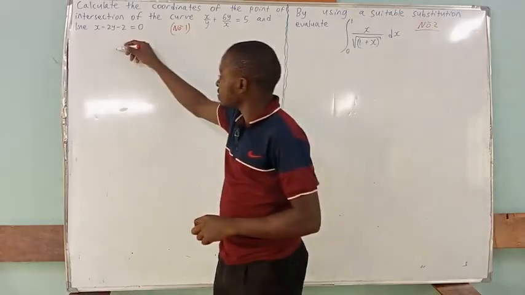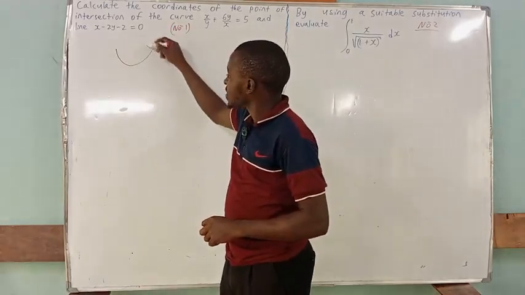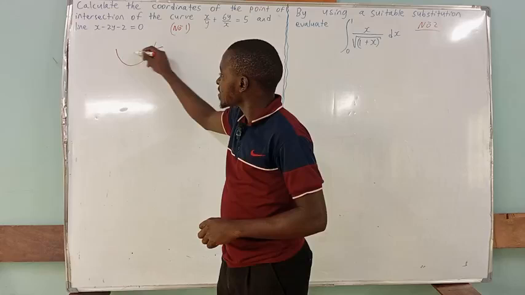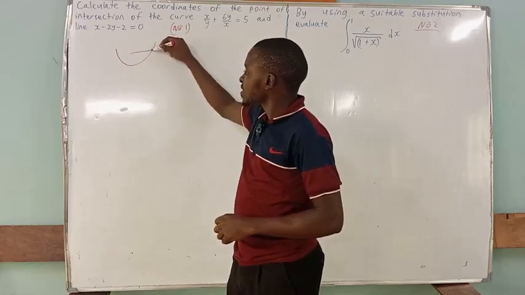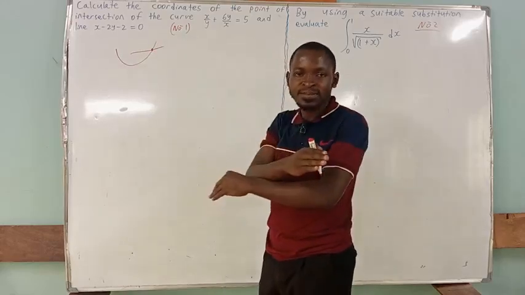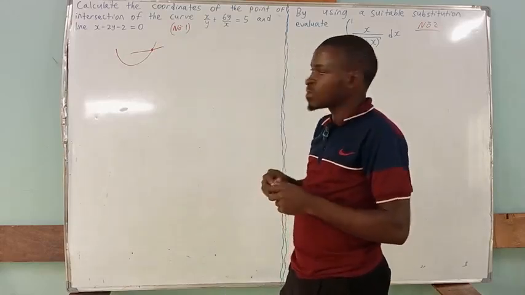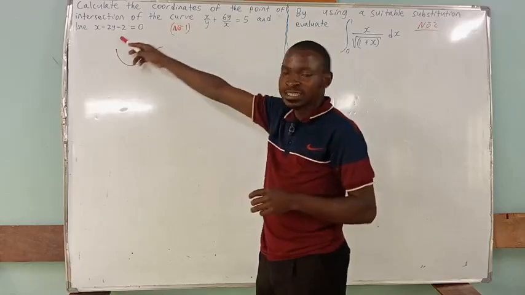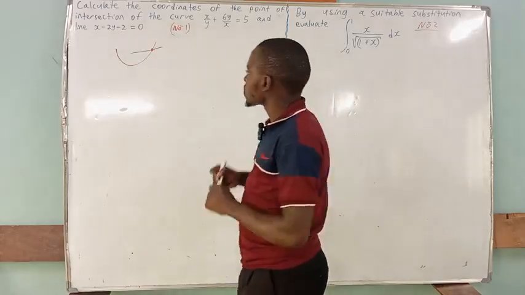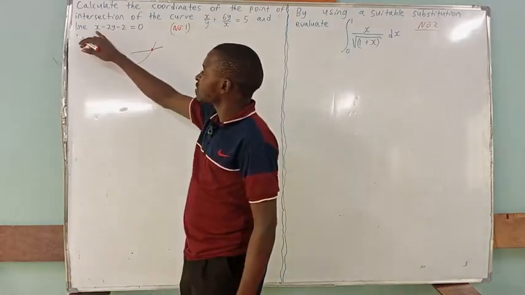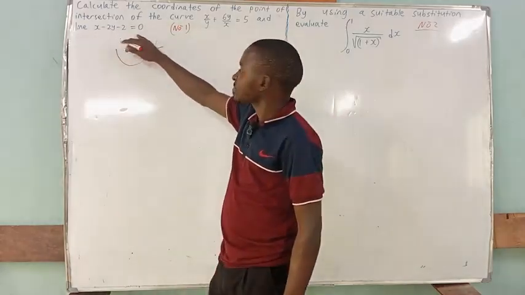Assume this is our curve and this is our line. So this point where they meet is the point of intersection. They want the point where the curve meets this line. So I'm going to divide it through by y here.